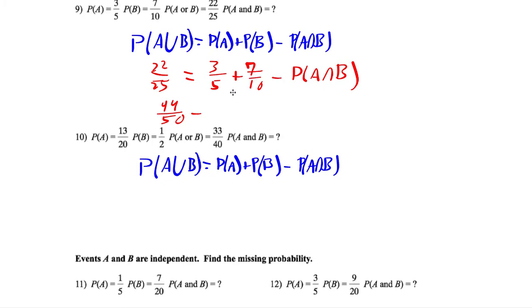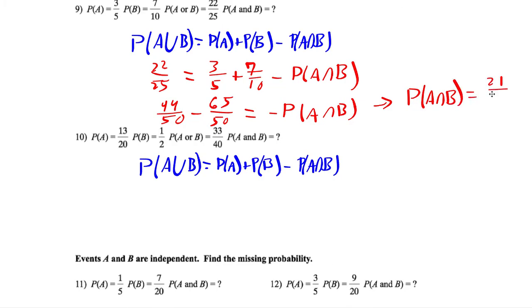So if I multiply that by 5, I'm going to have 65/50, and this is equal to negative probability of A and B. So 44 minus 65 is going to be negative 21. So that means that the probability of A and B is a positive 21/50, because we have negative probability equals negative 21, so positive probability equals positive 21.